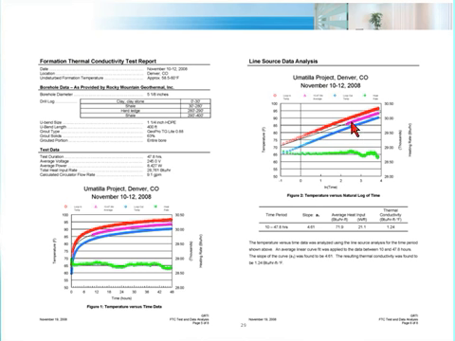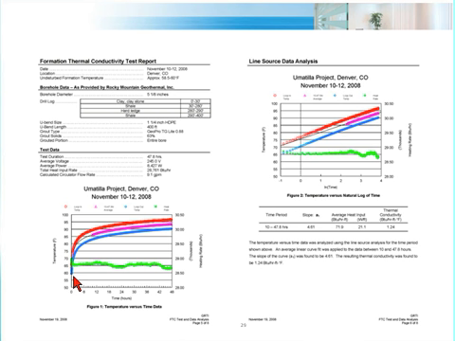And if you take the average temperature in and out, which is this purple line here in the middle, the slope of that line is actually the thermal conductivity. So that's the first primary number we're after. The other primary number we were after was the ground temperature. Well, when we do a TC test, if you look at the bottom left graph over here, because this borehole is going to rest for about 3 days after drilling, the water that's inside that pipe is acclimated to the ground temperature.